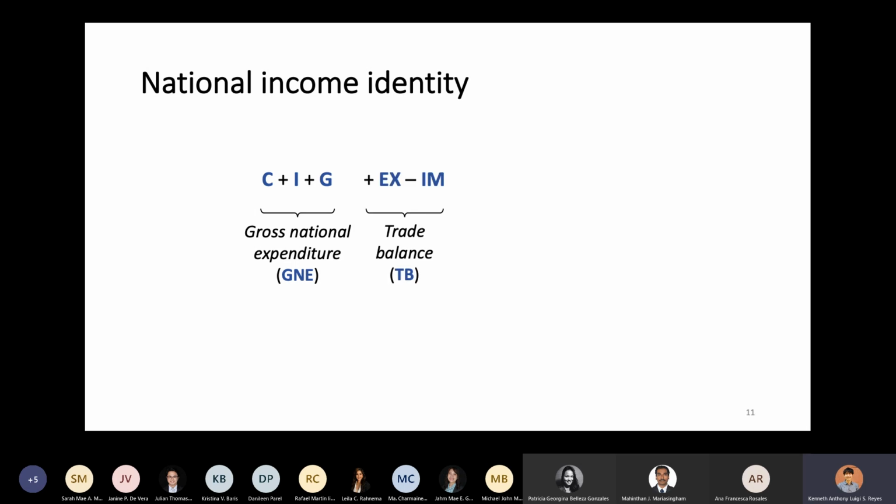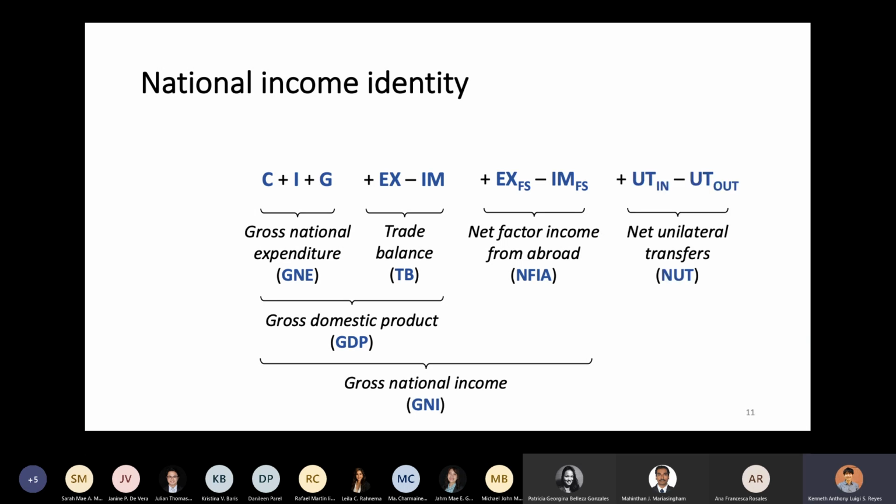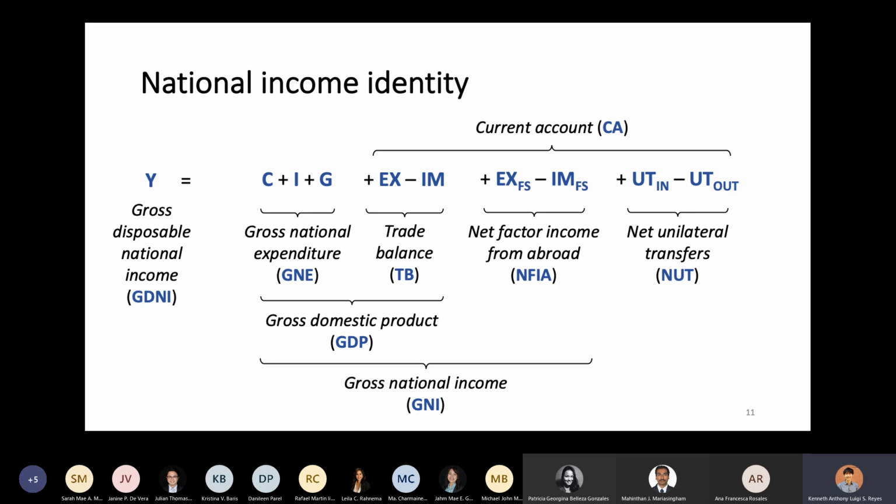If you add to this the trade balance, you will get GDP, gross domestic product. Then if you add to it the net factor income from abroad, you will get gross national income. And finally, if you add net unilateral transfers, you will get gross disposable national income, or GDNI. This component is where the current account comes in. So all of these may be found in the current account.